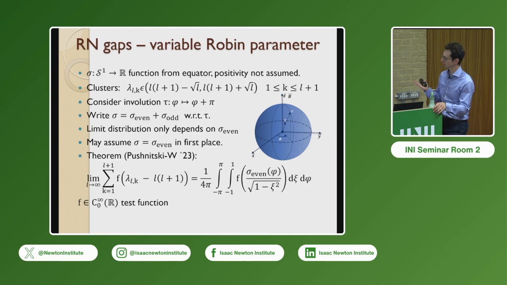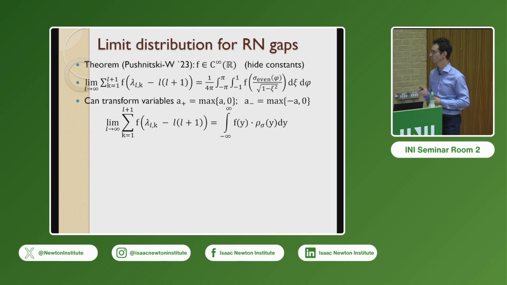Anyways, this is the result. Let's fix a phi. I claim that if we fix phi, then whatever distribution we get is consistent with the earlier result with Zev. In fact, this is a superposition of those, as if phi is fixed and sigma is constant around, and this is a superposition.